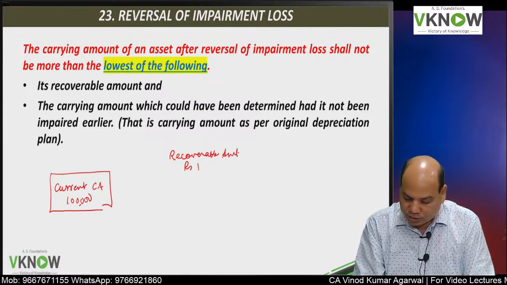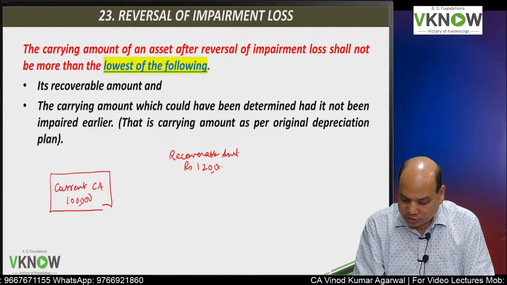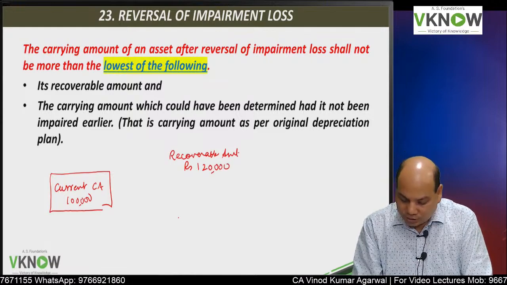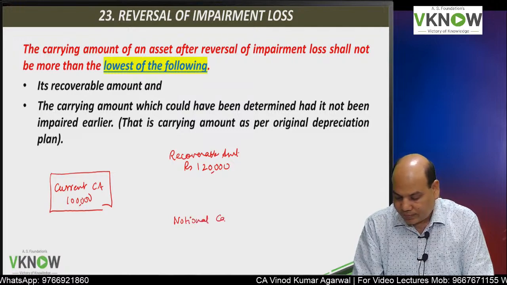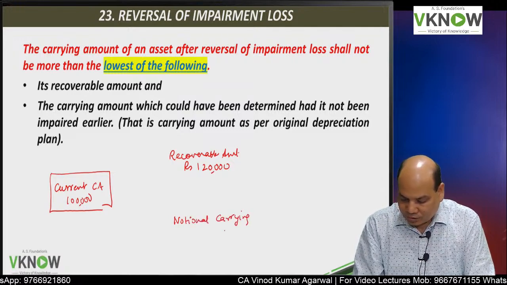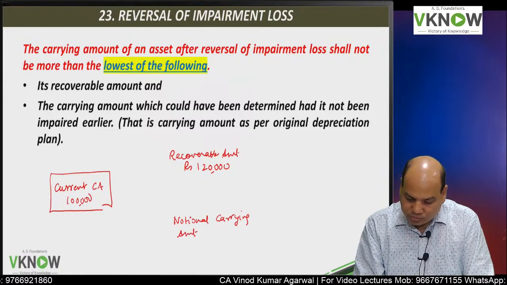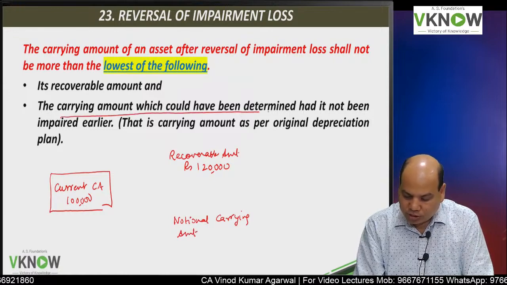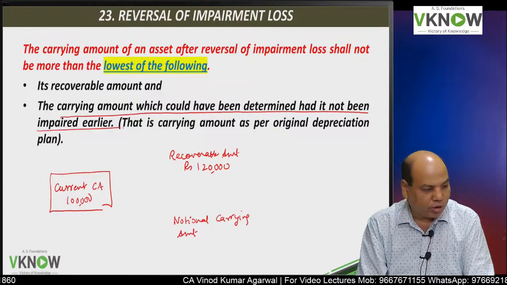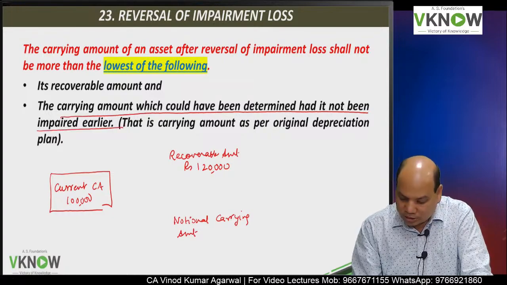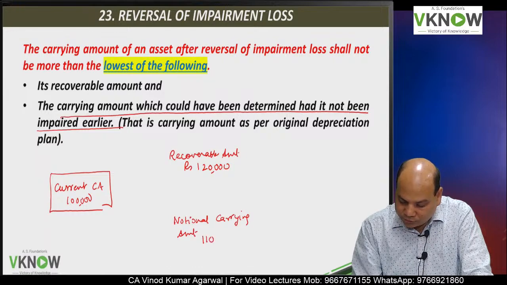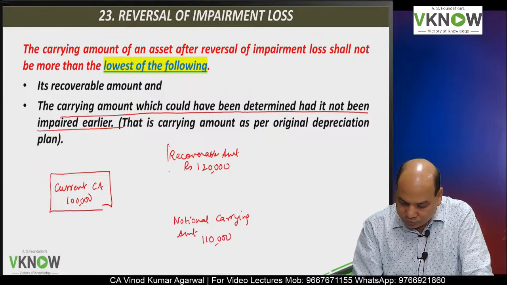Suppose it is rupees 1,20,000. Calculate notional carrying amount, which is the carrying amount that would have been determined had it not been impaired earlier. Suppose it is 1,10,000.